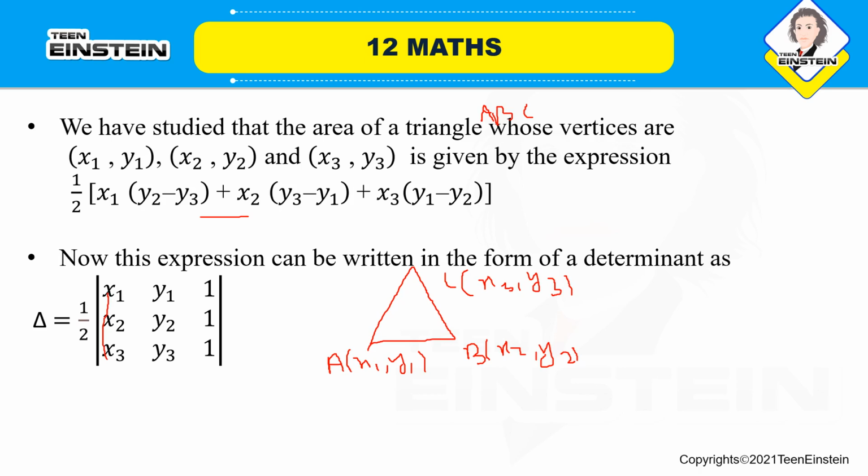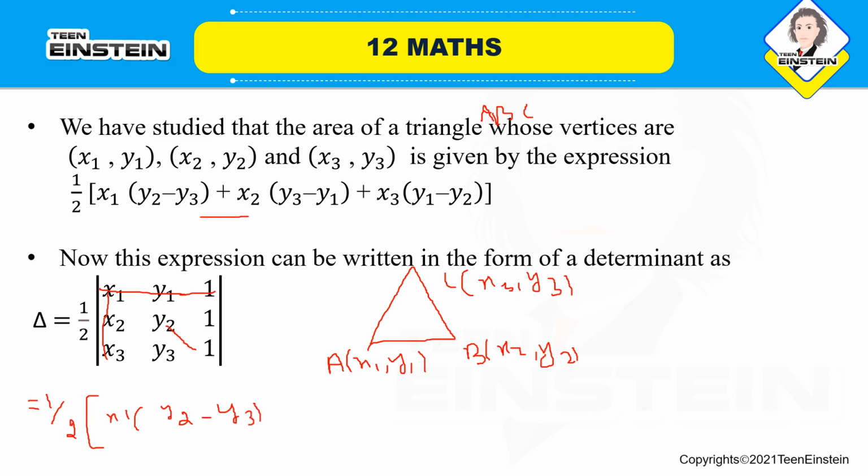So this is half into x1 into, delete the row and the column having the element x1. You get a 2 by 2 matrix y2, 1, y3, 1. In the downward arrow this is y2, minus in the upward arrow you get y3.